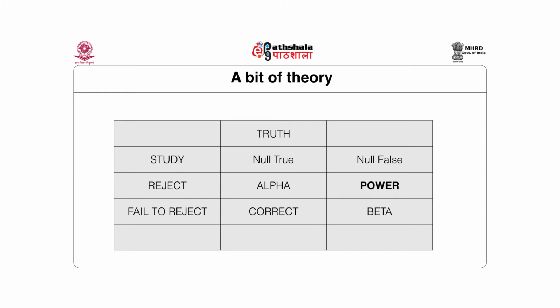And the third is that you should know the power of your study. The effect size is a very important thing that we must think about. The higher your effect size, the smaller will be your requirement on the number of people that you will need to take in order to complete the study successfully.